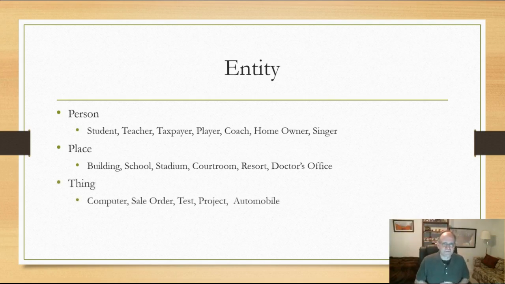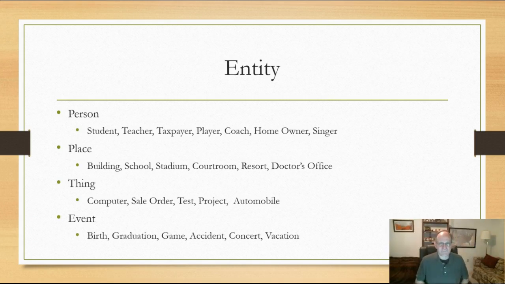Things are the third type of entity. Things include stuff such as computers, sales orders, purchase orders, a test, a project, automobile, various modes of transportation, airplanes. These are things that we track as entities. And the last one are events.